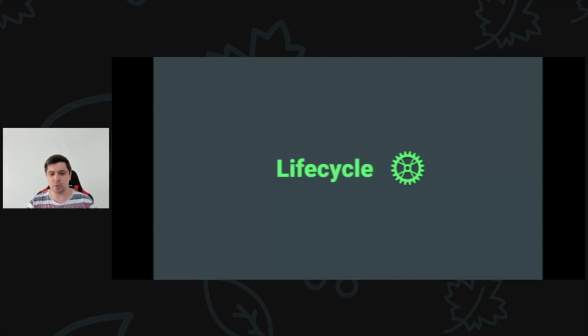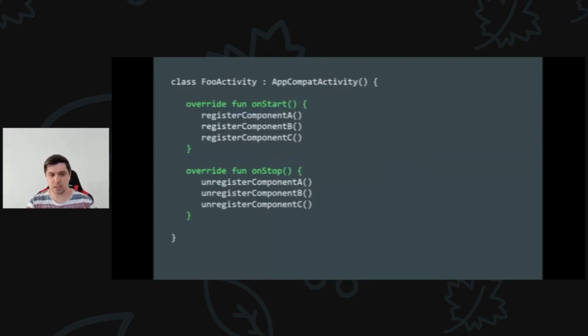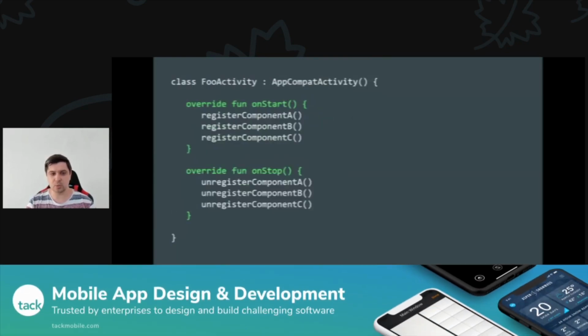Lifecycle is a super important component for any Android application because almost any visual part of the screen, be it an activity or a fragment or even a service, has its own lifecycle, and of course the Android application also has one. So let's start with a pretty familiar situation, I think, for everyone.